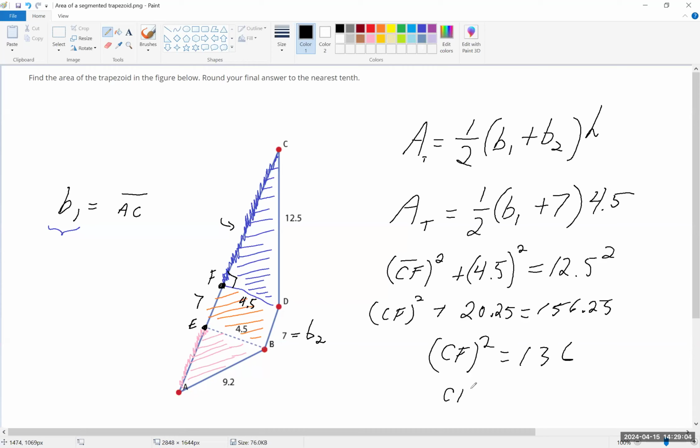And so that leaves us with, if we take the square root of both sides, 11.66.